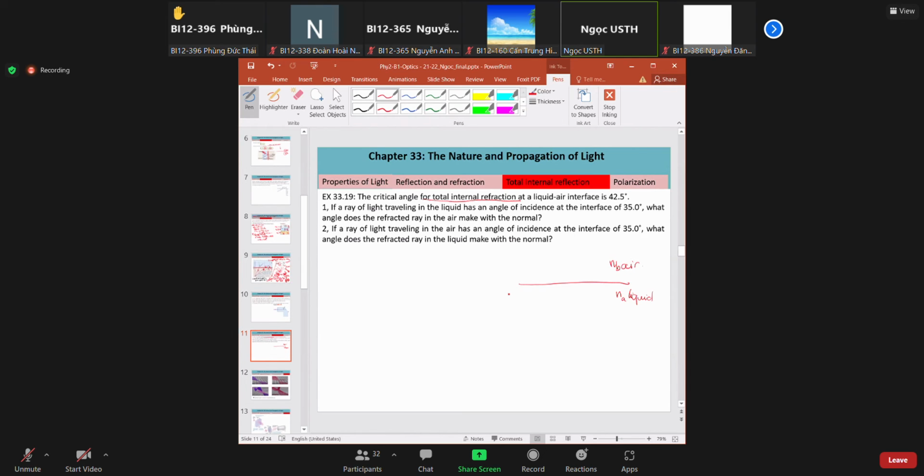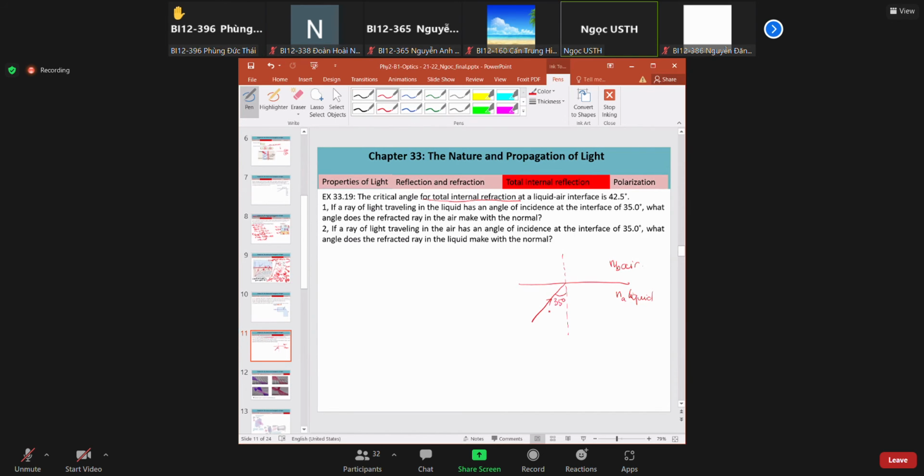To explain, yeah. So first we draw a normal line. Normal line, okay. Then the incident ray, which is 35 degrees with the normal.